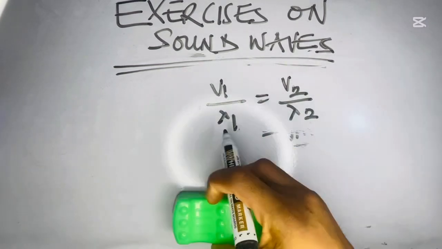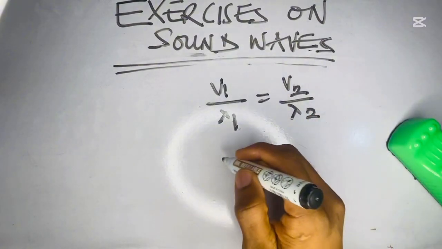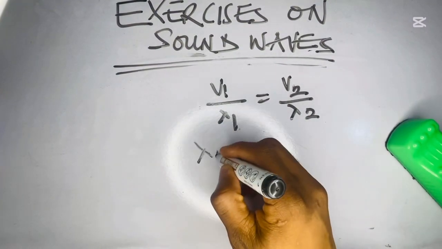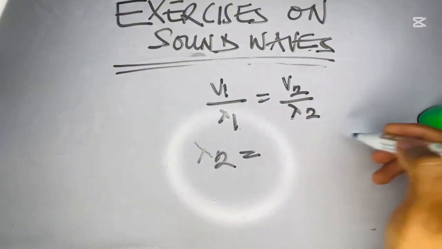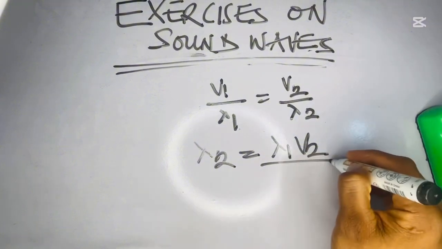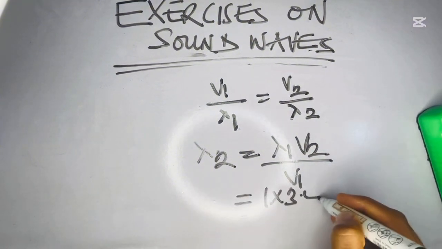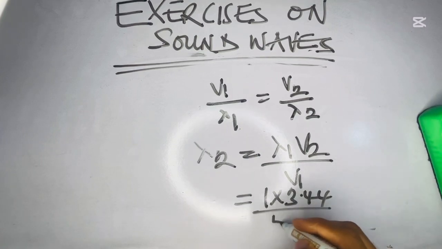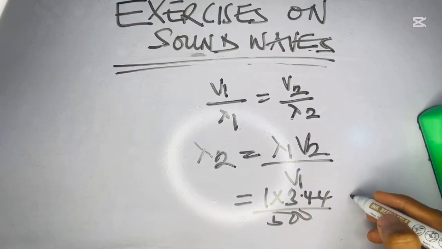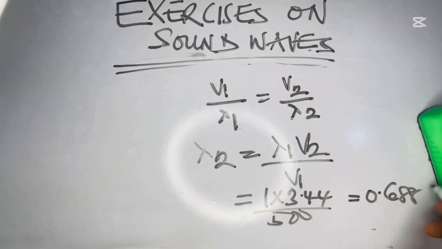At this point we will substitute our parameters. Lambda 2 will be equal to lambda 1 times V2 over V1, and that will give us 1 times 3.44 divided by 500, which is equal to 0.688 meters.